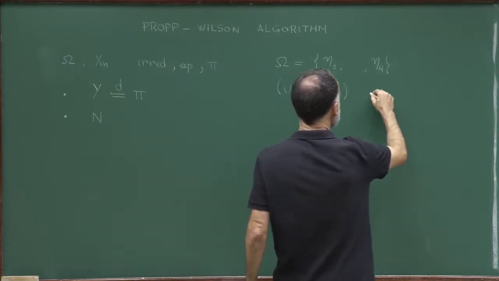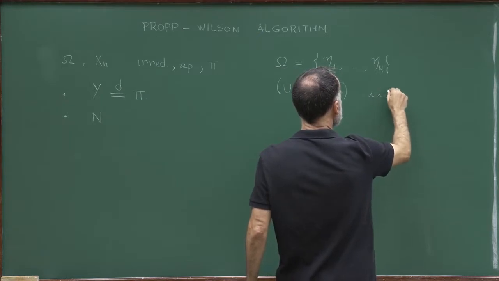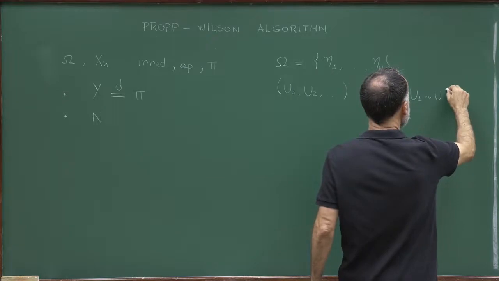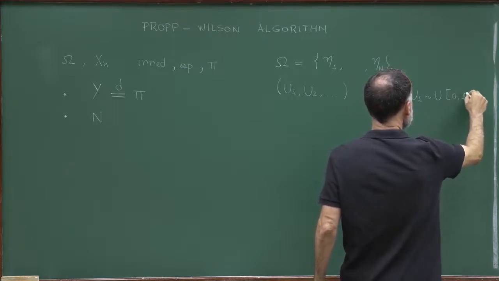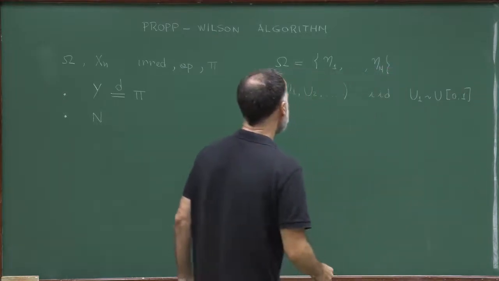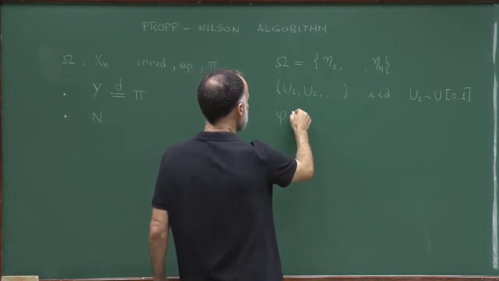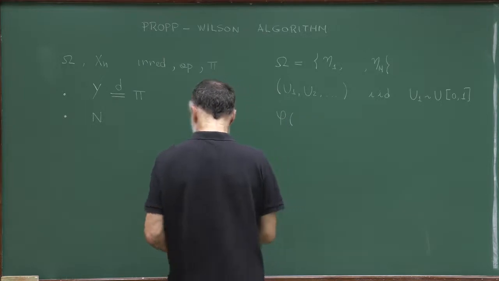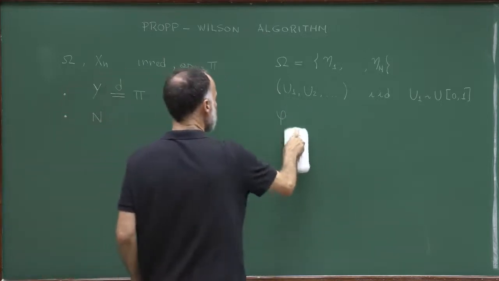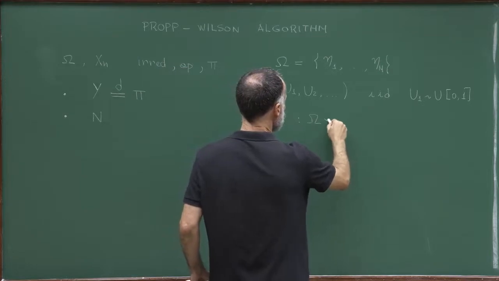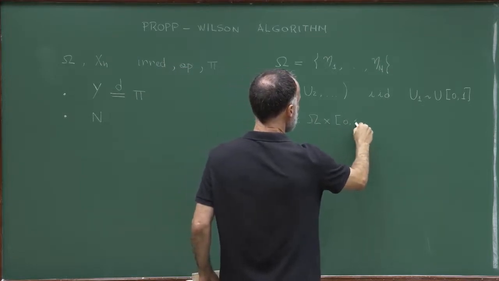So this is a sequence of i.i.d. random variables which are distributed uniformly on the interval [0,1]. And we have also functions phi. So these functions phi are defined from omega times [0,1] to omega.